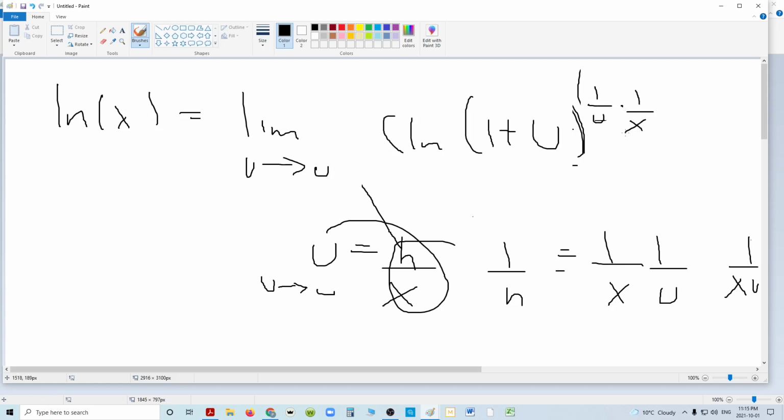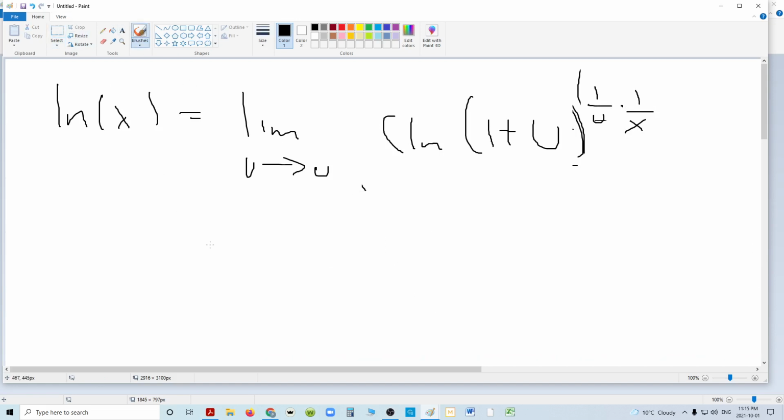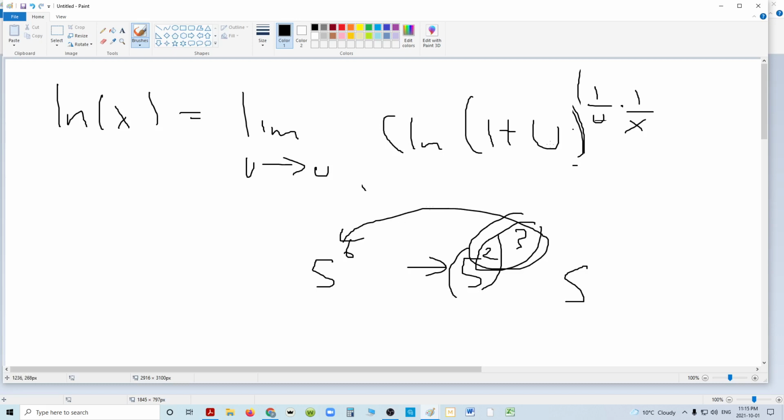The other rule of exponents is that if I have 5 to the 2 to the power 3, the exponent of an exponent multiplies to get where I want. Well, here's my multiplier. I'm going to sort of split it up.